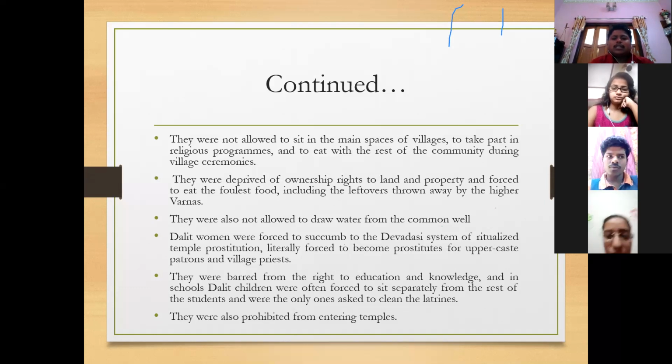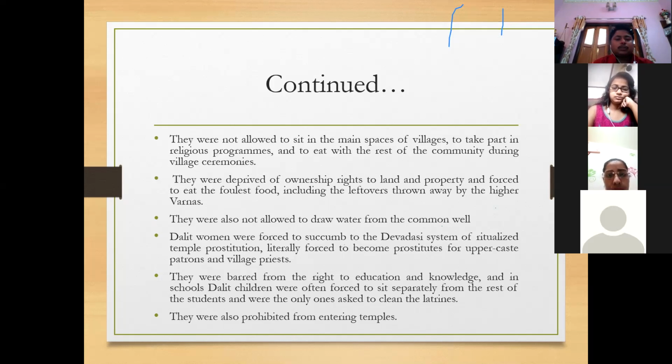Dalits were forced to succumb to the system of ritualized temple prostitution, literally forced to become prostitutes for upper caste patrons and village priests. They were barred from the right to education and knowledge. And in schools, Dalit children were often forced to sit separately and were the only ones asked to clean the latrines.